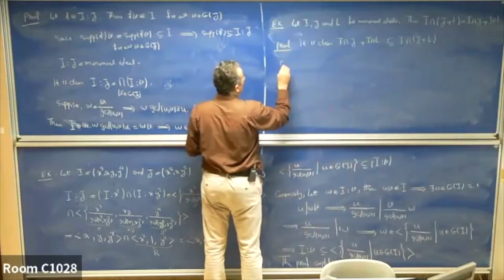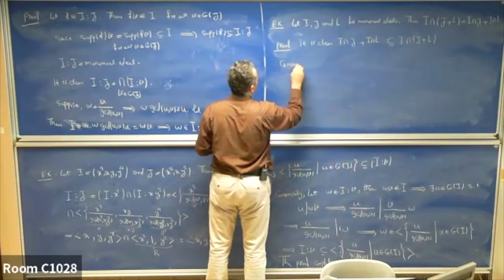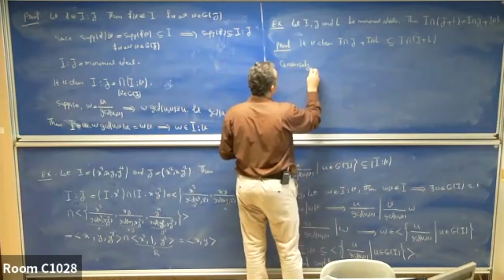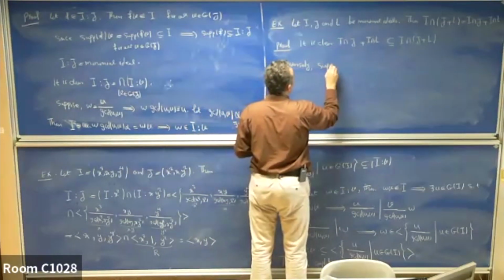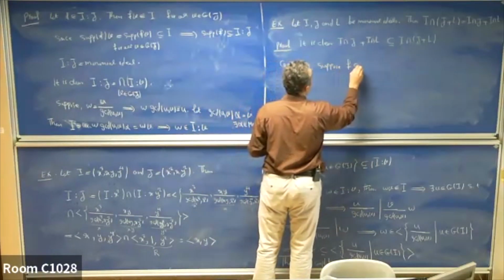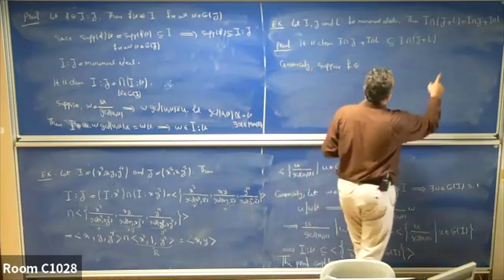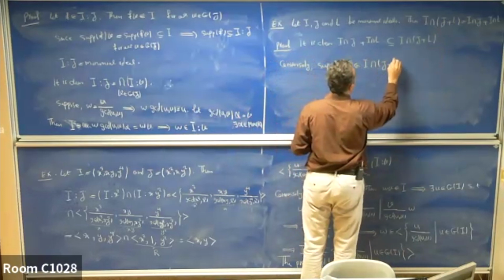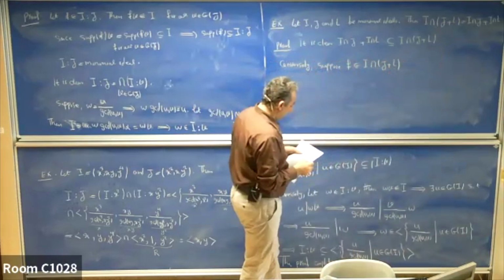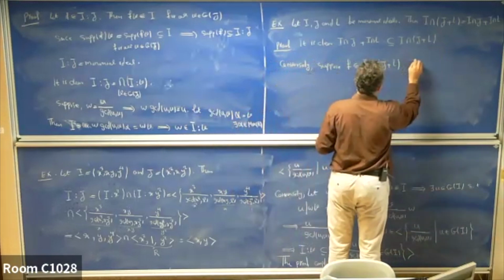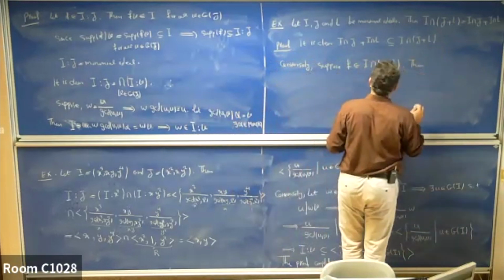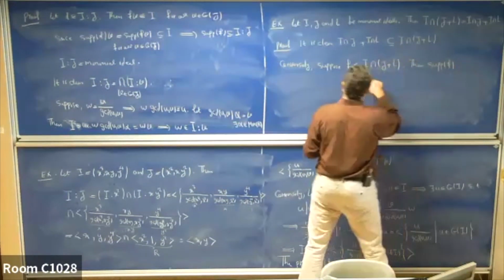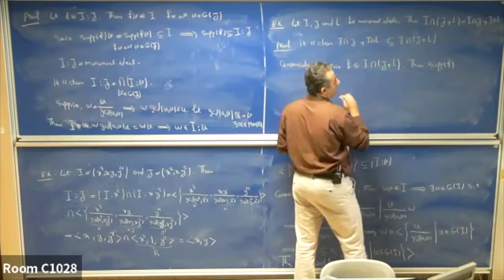For the converse, suppose f is in I ∩ (J + L). Then the support of f is contained in I, because I is a monomial ideal.